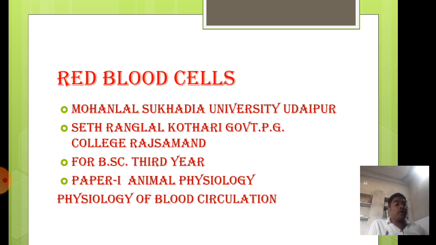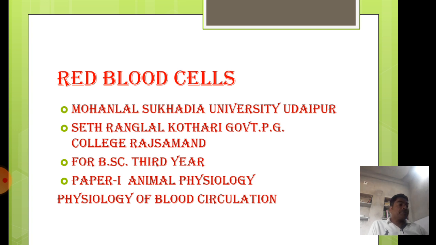Cells found in the blood are red blood corpuscles, white blood corpuscles, and platelets, out of which red blood cells are very important because they play a significant role in the transportation of oxygen, as well as performing a buffer function for carbon dioxide transport.